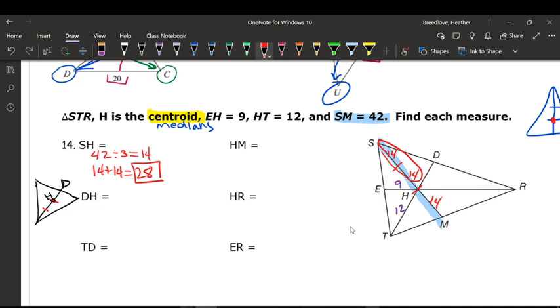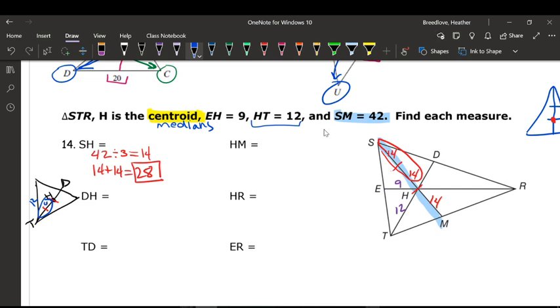Looking back at my picture, from D to H, that's T on the other end. From D to T, I don't know that, but I know from H to T is 12. That was given to me, that HT is 12. So if from H to T is 12, and there's 2 pieces there, then each of those pieces is 6.